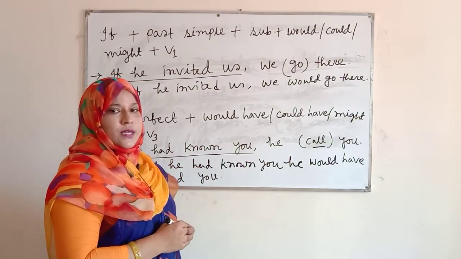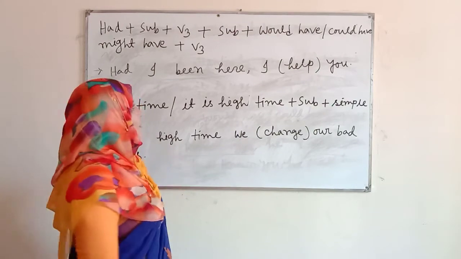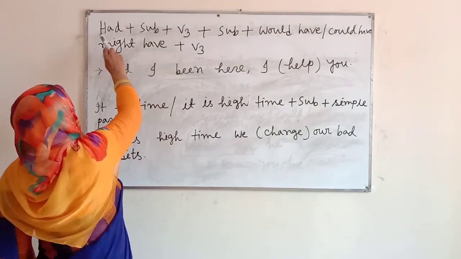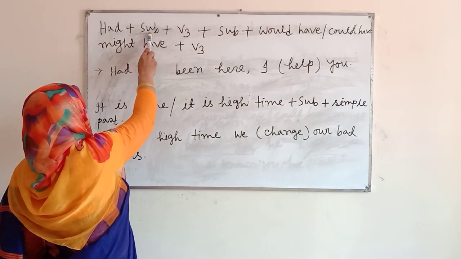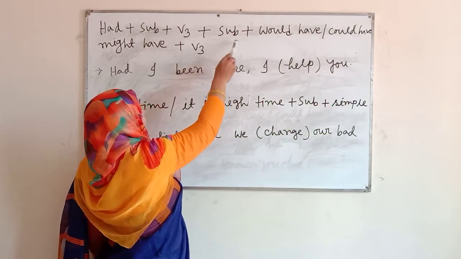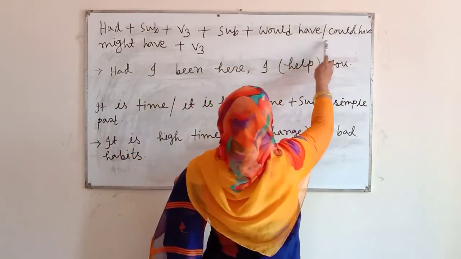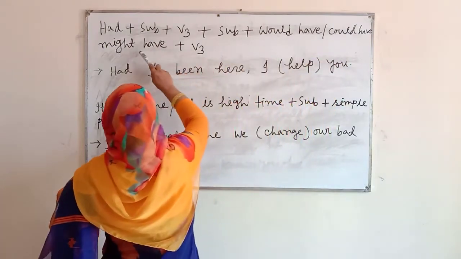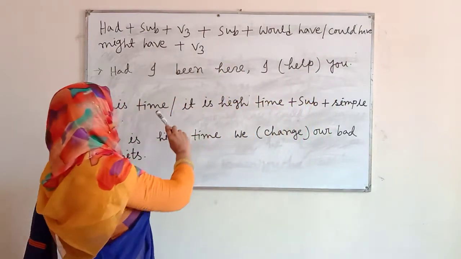Dear learners, let's go for the next rule. Dear students, another rule is had plus subject plus verb 3 plus আবার আমরা কি করব? subject plus would have or could have or might have plus verb 3.